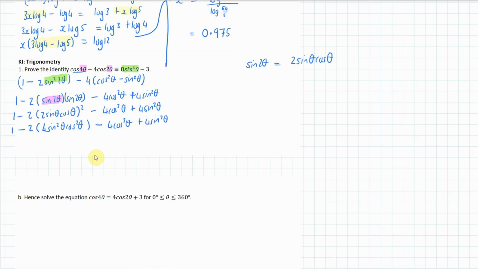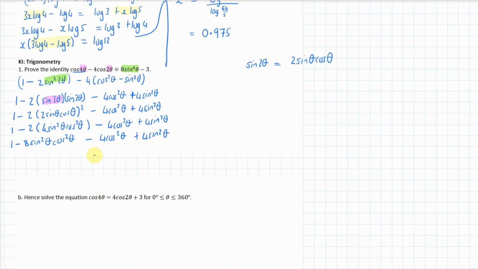So what we're going to do now is expand this bracket. So we're going to go 1 minus 2, 8 sine squared theta cosine squared theta minus 4 cosine squared theta plus 4 sine squared theta.